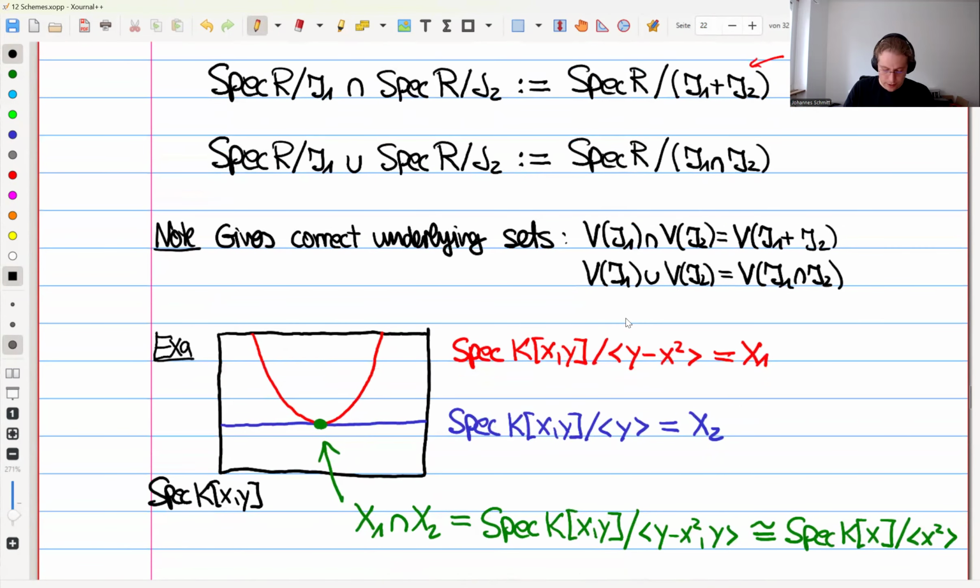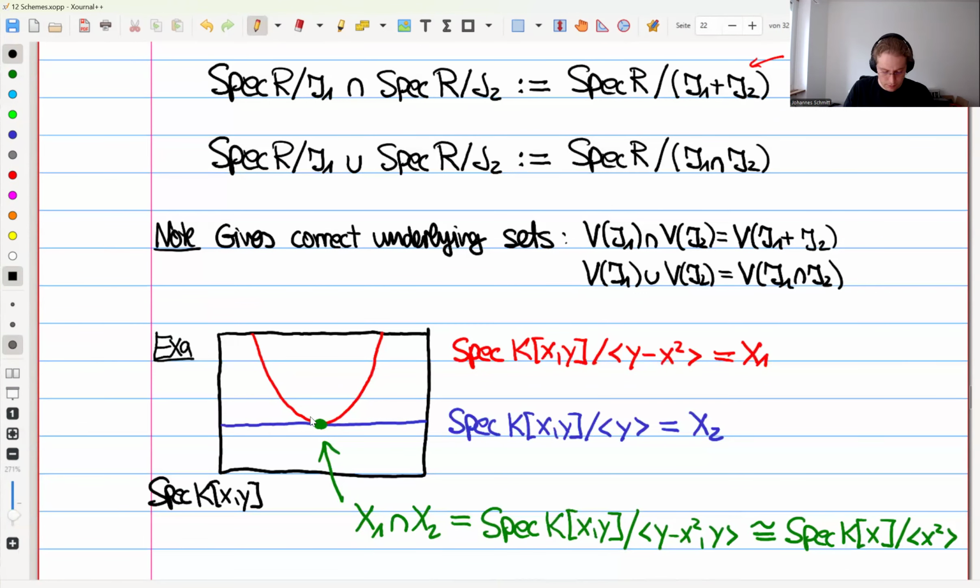So let's take inside A2, whose associated scheme is now the spectrum of k[x,y]. We have two affine subschemes, one cut out by the ideal generated by y minus x squared.